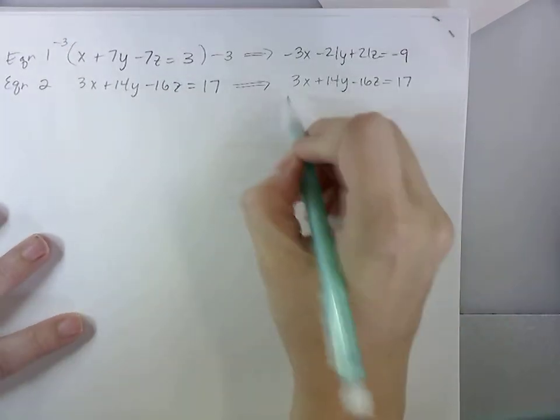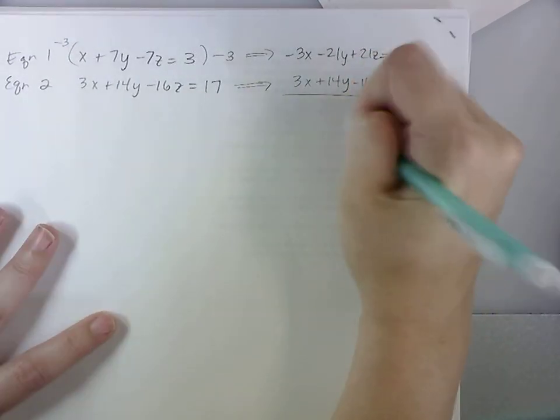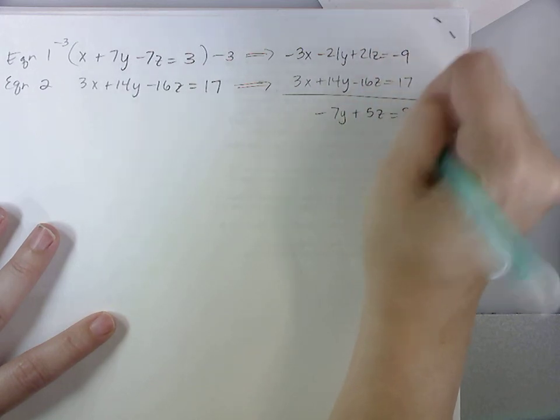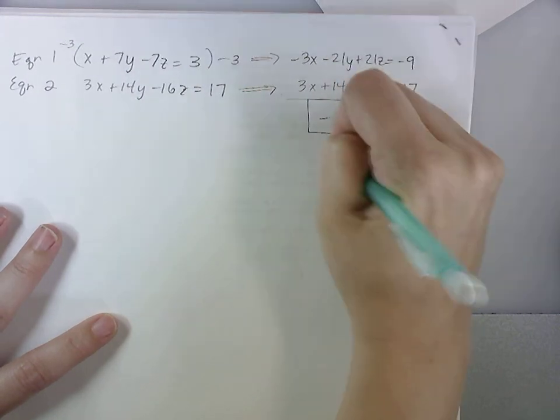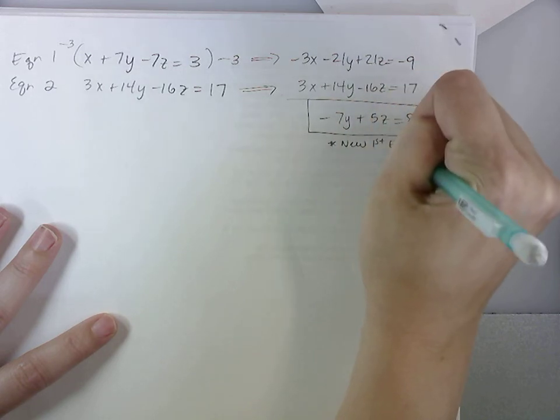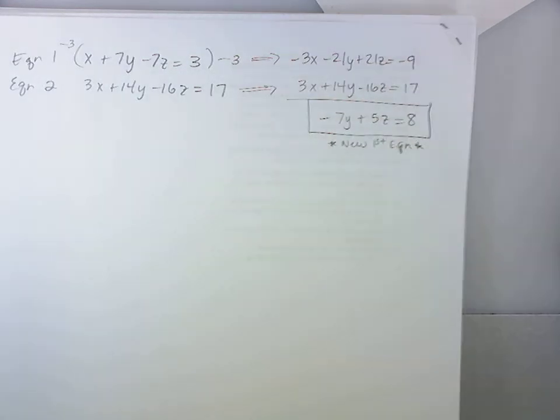And then this would be our new equation. So negative 7y plus 5z equals 8. Okay, and this is going to be our new first equation.